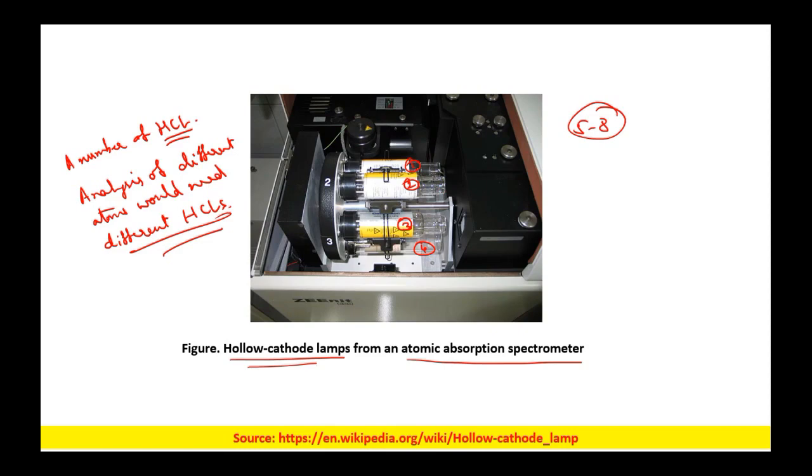So depending upon which elements or atoms you want to analyze, you will be requiring only those hollow cathode lamps. Suppose you just have the requirement to analyze 2 atoms, then you take just 2 hollow cathode lamps and you place them over there.